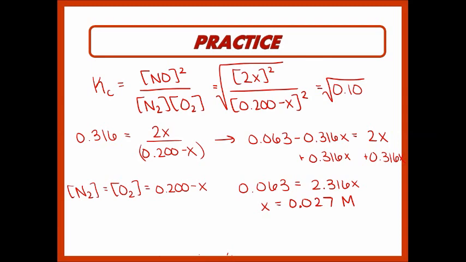So the concentrations of our reactants N2 and O2 are going to be equal to 0.173 molarity once we plug x into this expression, and the concentration of our product NO is equal to 2 times this x value. So plugging in x, we get that this equilibrium concentration is equal to 0.054 molarity.